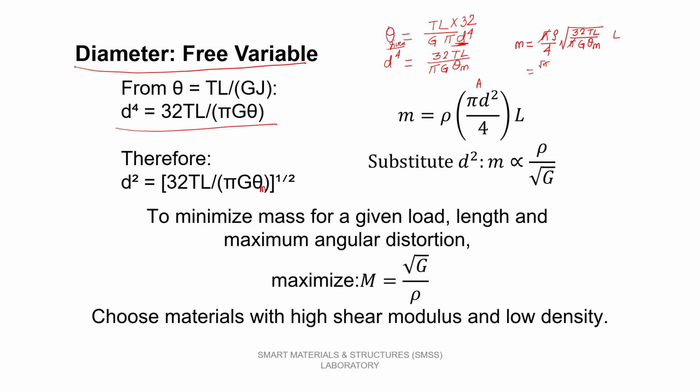So, we can actually write it down as root 2 pi. That is done. So, this numerical part is taken care of. Now, you have L to the power 1 and a half. Okay. So, 1.5, that also goes out, and divided by square root of theta max. So, all the geometric part goes out of the system.